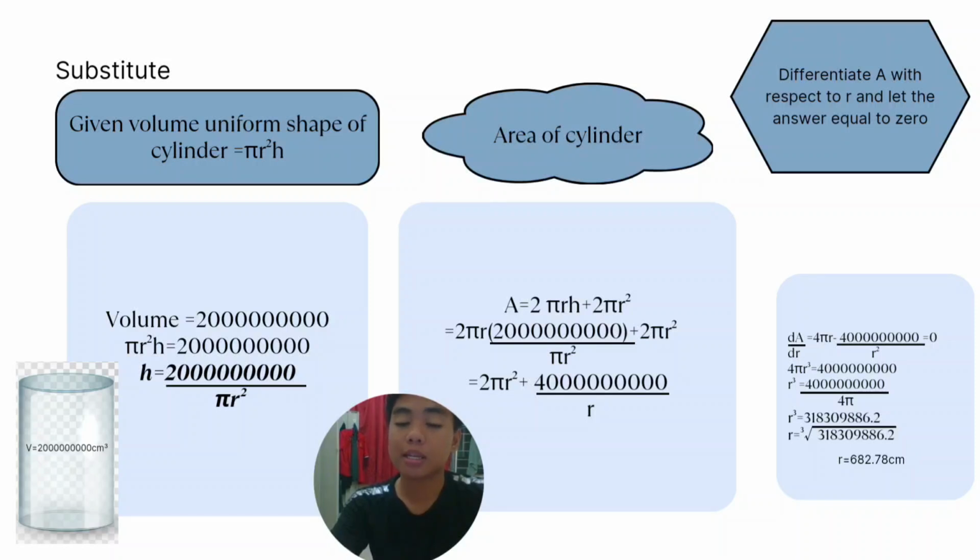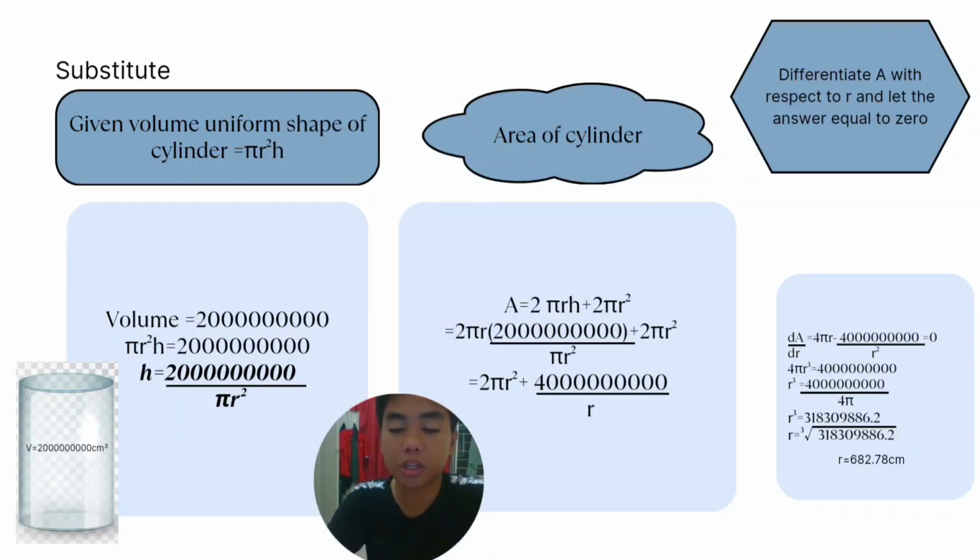Then we can cancel the same values and substitute what can be substituted, which leaves us with 2 pi r square plus 400 millions per r.